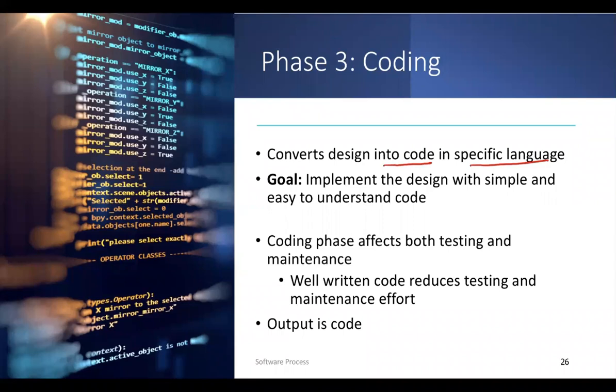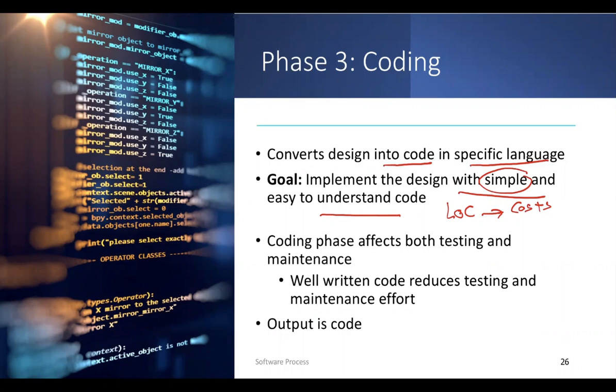The goal is to implement the design with simple and easy to understand code. Keep in mind, lines of code are used for cost calculation. So with simple and easily understandable code, you will end up with more modularity, for example, and you will have software with less cost or effective cost.